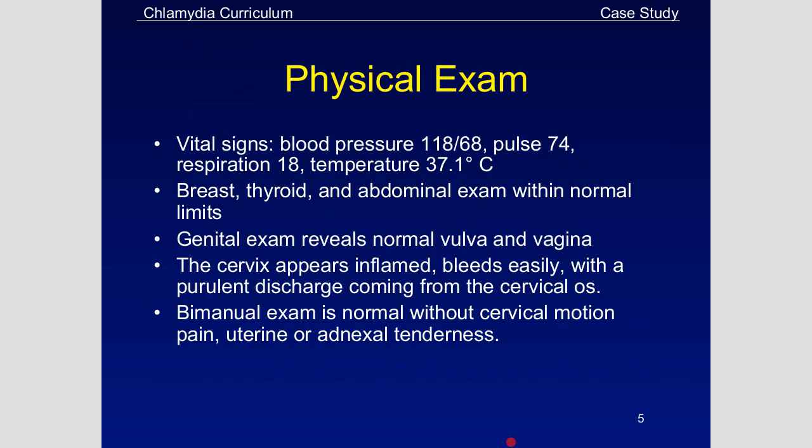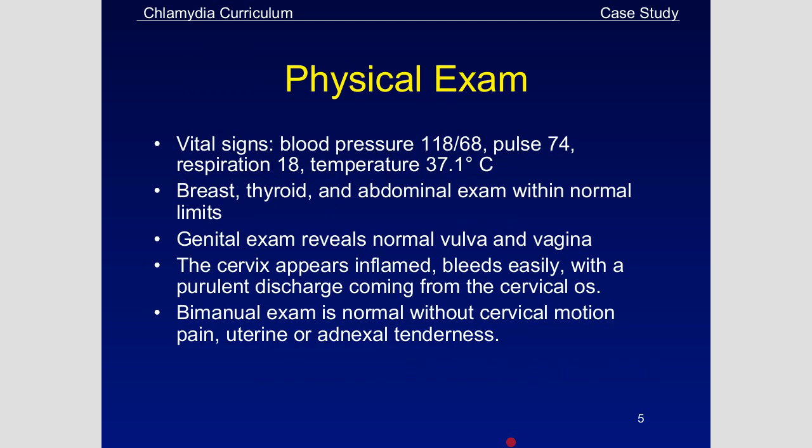Now, when they do a physical exam, nothing significant. This is also important for the particular bacteria that we're going to discuss today, that you may see a person who may have a normal genital exam. Okay, so that's another thing to keep in mind.